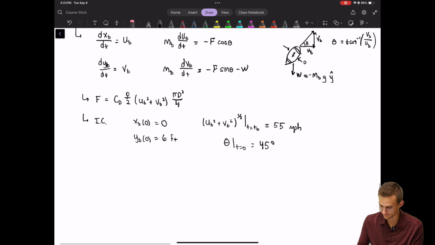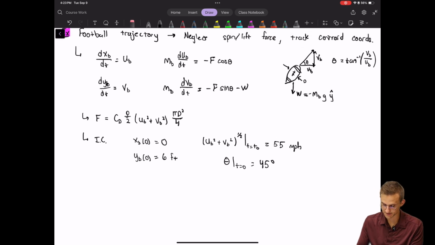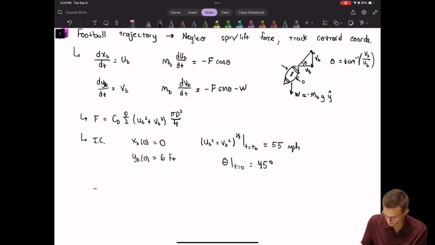Okay, so we have 4 coupled differential equations here. That could be combined to form 2 differential equations. And they're all homogeneous, with the exception of the equation with the weight.